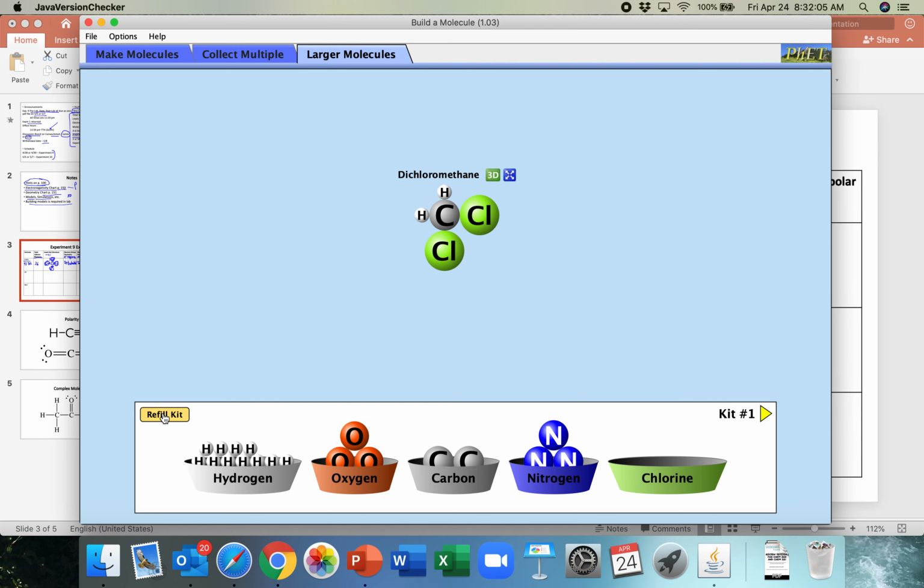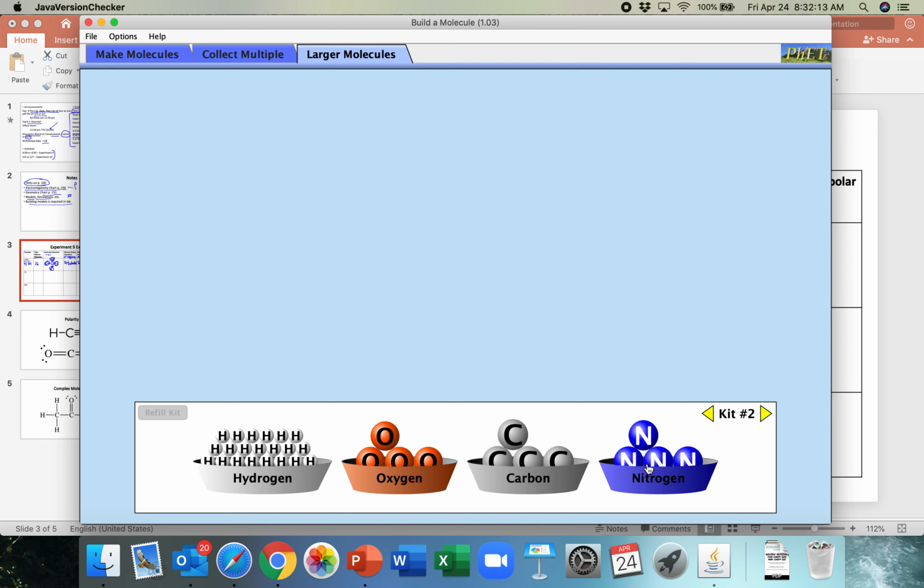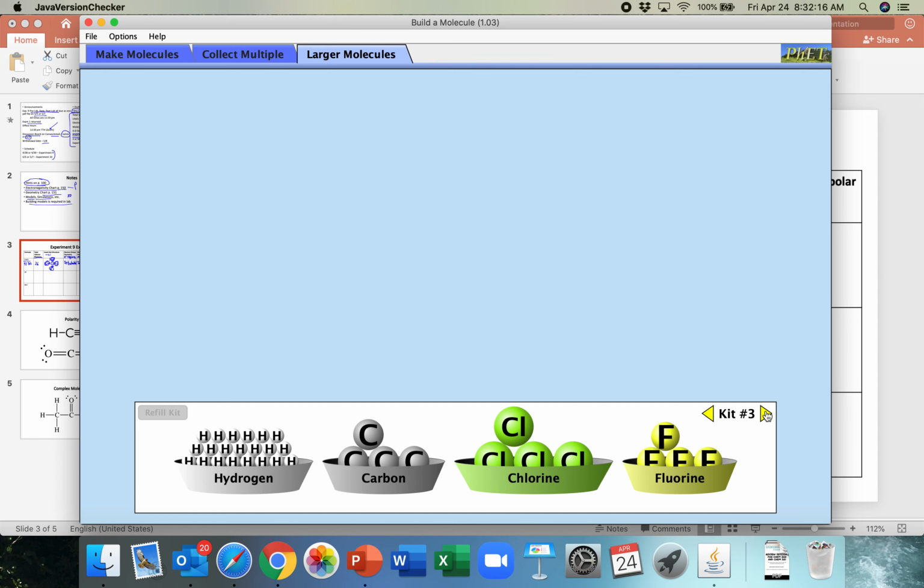The problem here was that I didn't have enough atoms, so maybe you're looking for other atoms. Just note that you can arrow over. You can see here there's more atoms. Look, there's what we could have done. Carbon, hydrogen, we needed 3 chlorines.